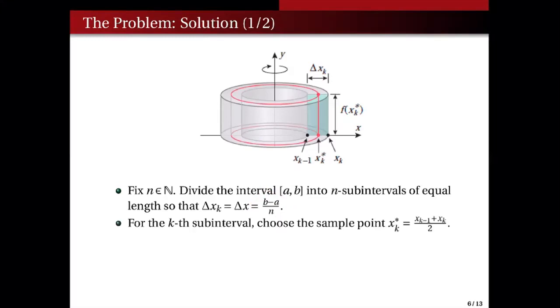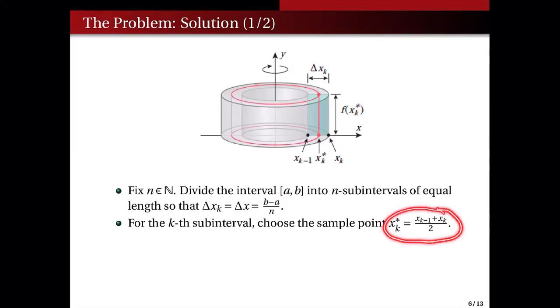For the kth subinterval, we will choose a sample point. But for this sample point, we want x sub k minus 1 plus x sub k over 2. So we want the sample point to be the midpoint of your subinterval. You have the kth subinterval, x sub k minus 1, comma, x sub k. The sample point that you will choose is the midpoint.